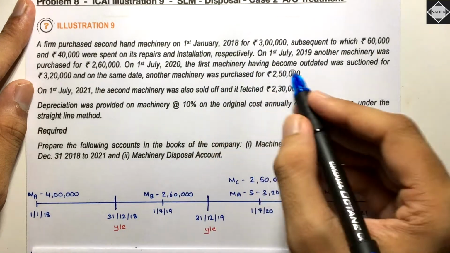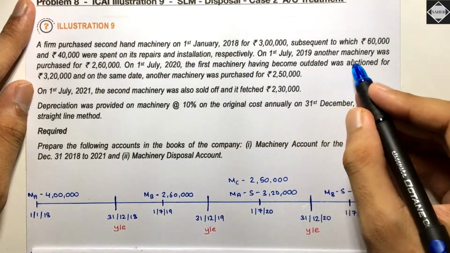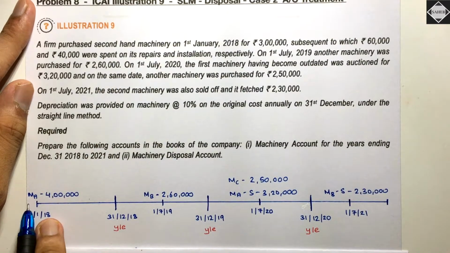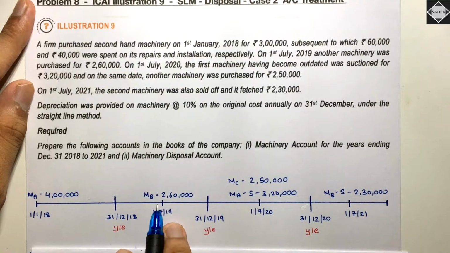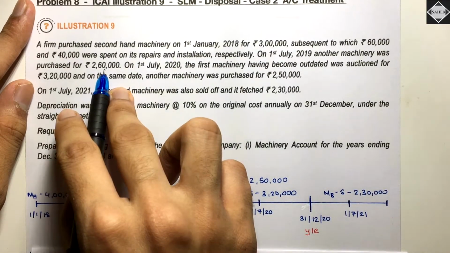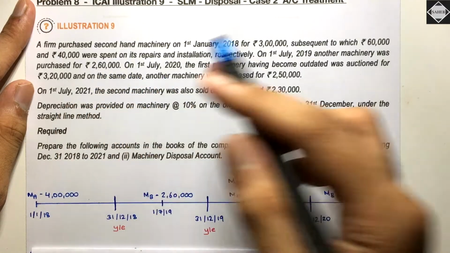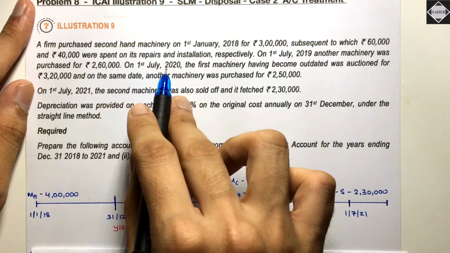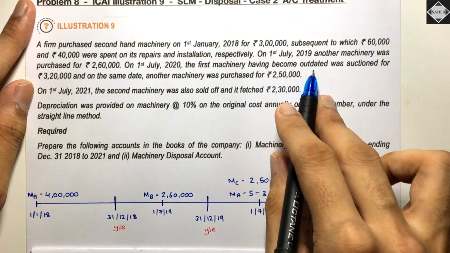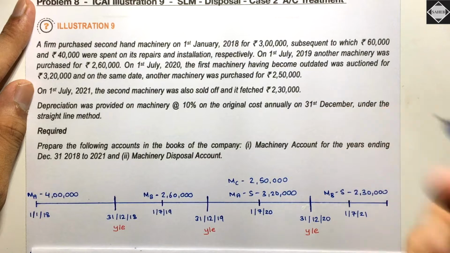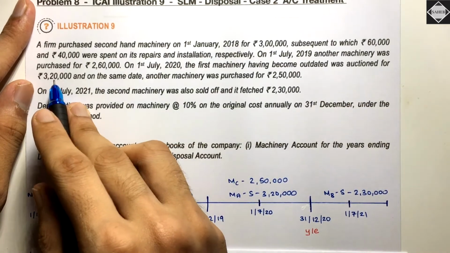And then the next year, what happened? On 1st July 2019, another machinery was purchased for 2,60,000. Let's call this first machine as machine A and the second machine as machine B. We purchased this for 2,60,000. On 1st July 2020, so that's in the next year, the year will end 31st December 2019, and then on 1st July 2020, the first machinery having become outdated was auctioned, sold for 3,20,000.